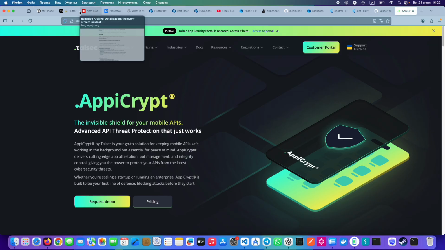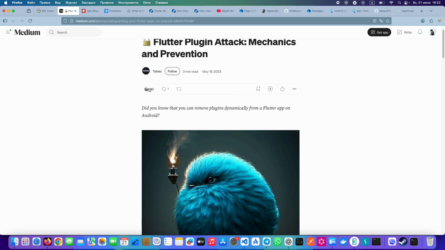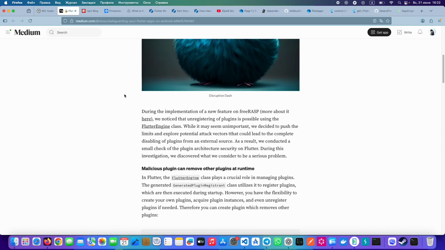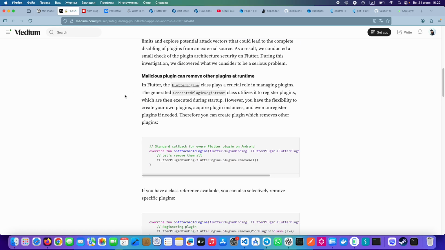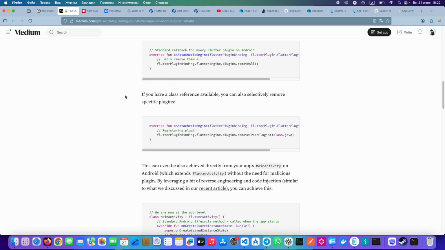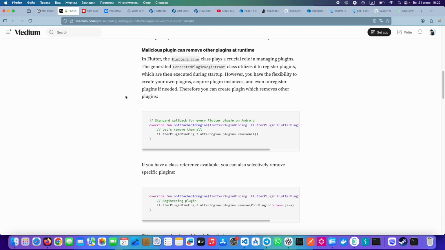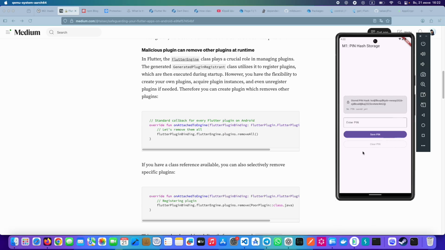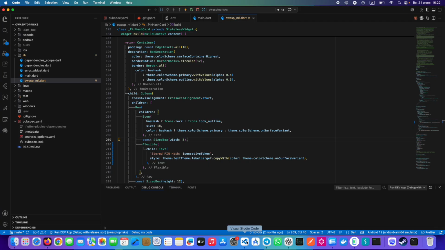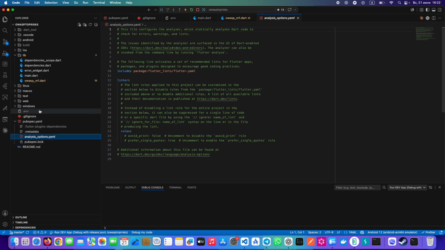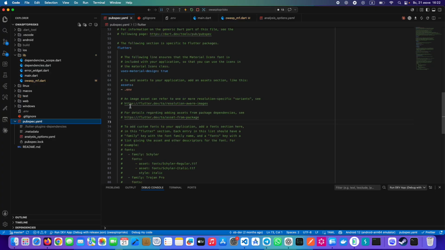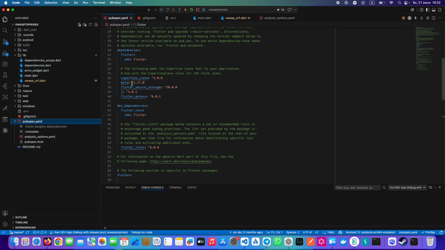So what I wanted to say about this topic is that when they were developing protection, they found a very interesting thing. When you run your application, for example, Flutter secure storage uses other packages underneath.